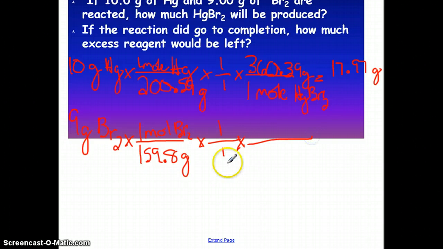And then the last step, we're going to convert to HgBr2, which has the molar mass of 360.39 grams.